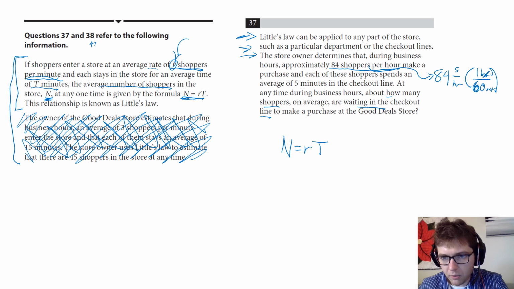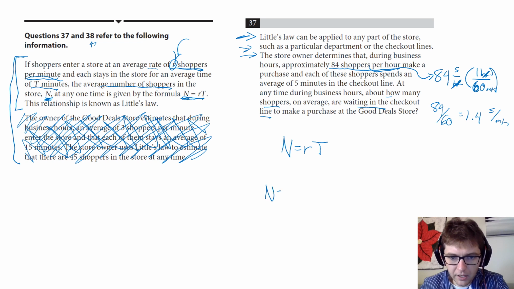So the hours cancels. This will give you shoppers per minute. So it's just 84 divided by 60, or 84 times 1 divided by 60. Either way will get you the same thing. So 84 divided by 60 is equal to 1.4 shoppers per minute.